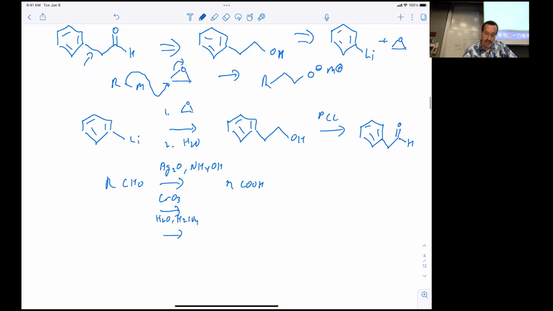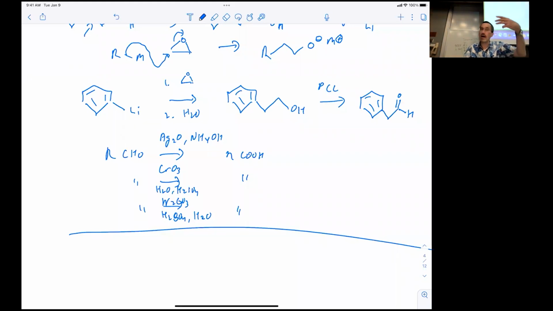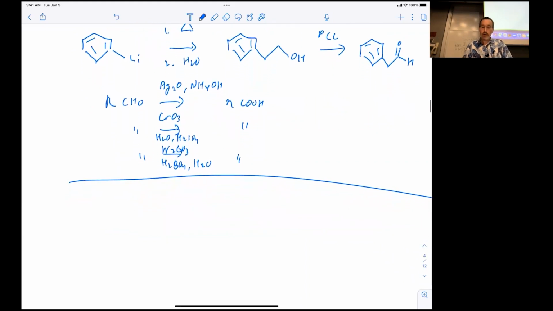You could use K2CrO3, water and sulfuric acid. Doesn't really matter the order that I write these. All of these reactions will take an aldehyde to a carboxylic acid. So you'll become flexible with reduction and oxidation. For reductions, you learned about borohydride reagents, reducing carbonyl compounds. You've read about catalytic hydrogenation.